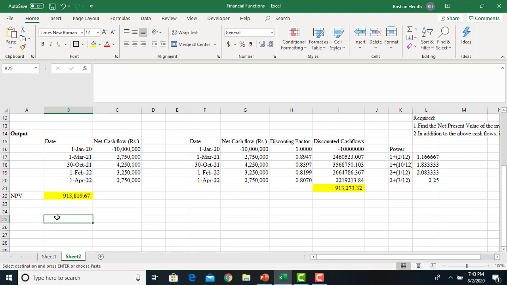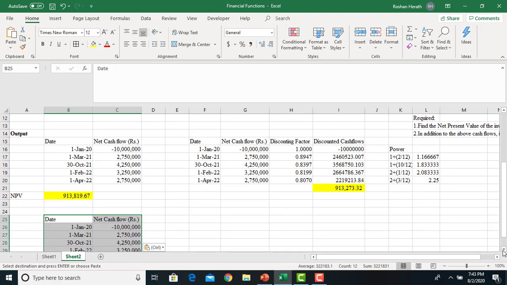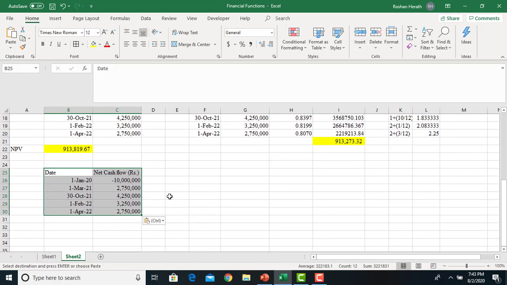Here, the one important thing that you need to ensure is you are placing the cash flow in the relevant place. This is in an order. You can see that 1st of January 2020, 1st of March 21. So likewise, this is in order.